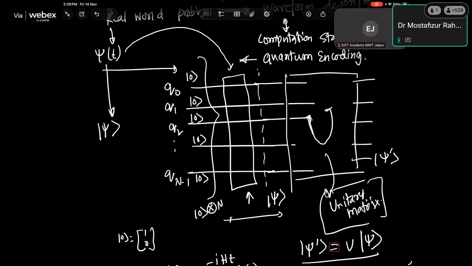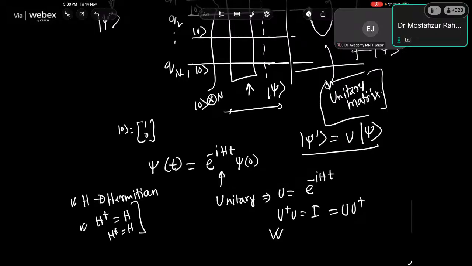And to prepare this U, we need a Hermitian matrix H, right? That basically describes the dynamics of the system, right?